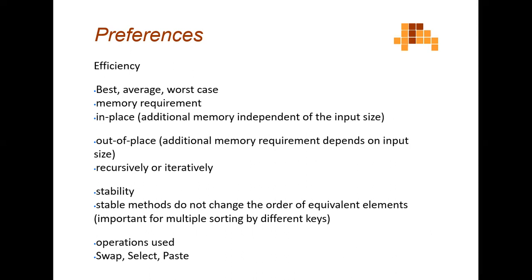I don't have to use extra data to make it work. Or out of place, which means that I have to use additional memory to make my algorithm work. I have to put my cards somewhere else, otherwise my algorithm won't work.